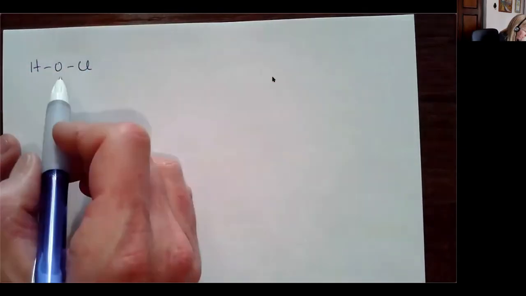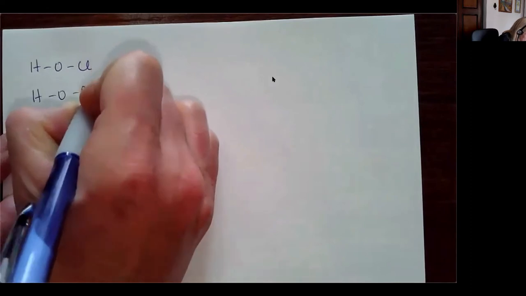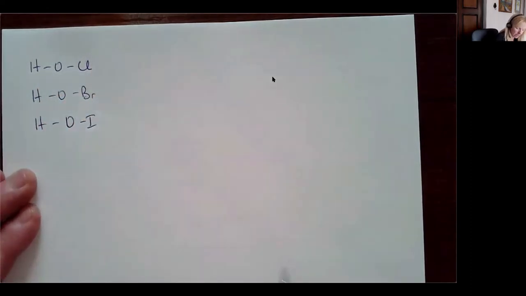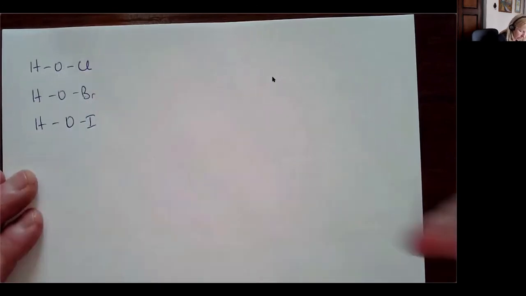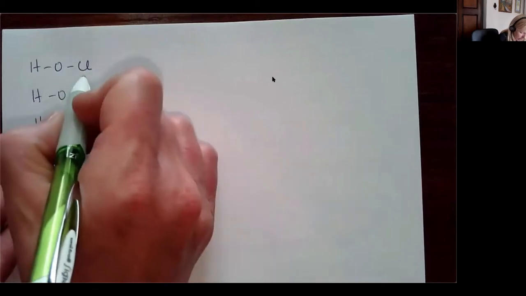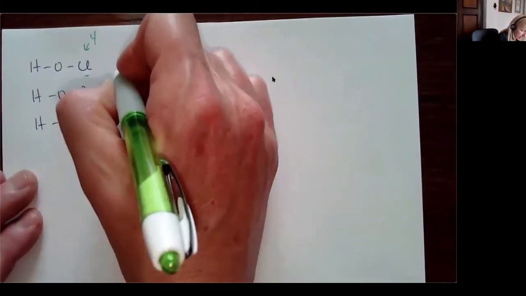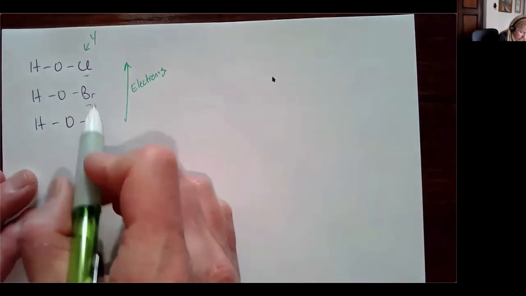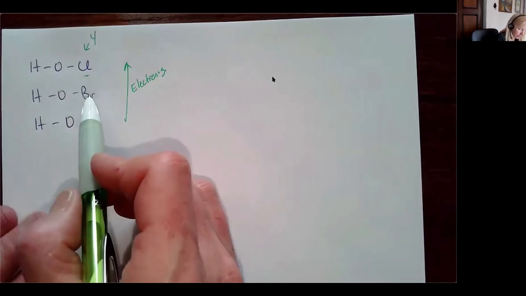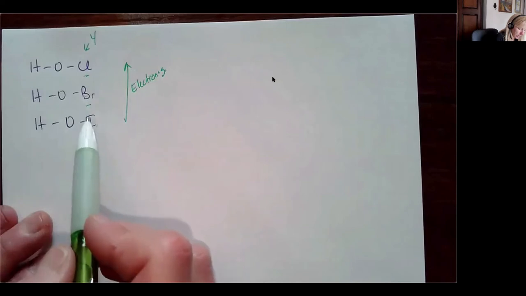If I go back up to this difference in electronegativity, if I look at HOCl, this is hypochlorous acid, this is hypobromous acid, and hypoiodous acid. Now I have only 1 oxygen attached, so they're all comparable by that standard, but I have different Y. This is my atom Y. My electronegativity is going to go up. Chlorine is more electronegative than bromine, and bromine is more electronegative than iodine, which is going to make this acid stronger than this one and this one.